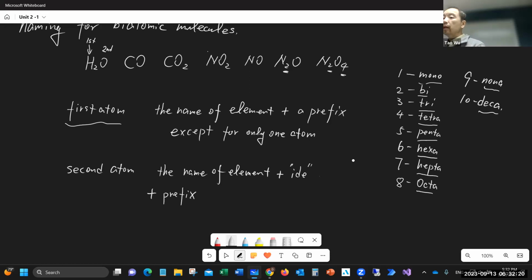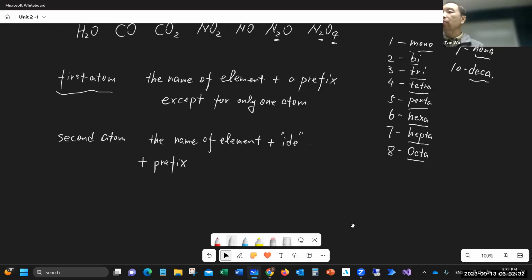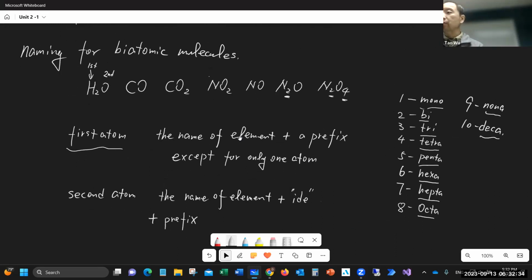No matter how many atoms, you always write the prefix, even if we only have 1 atom. Let's look at those.